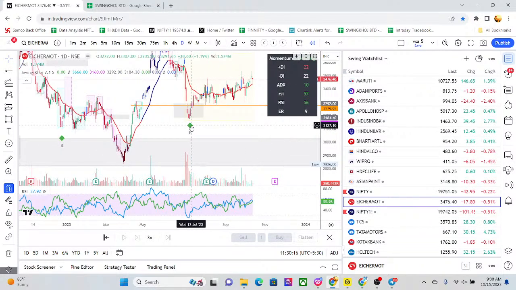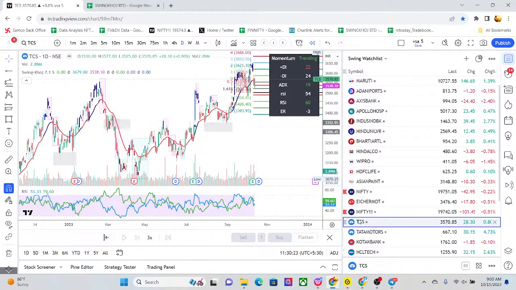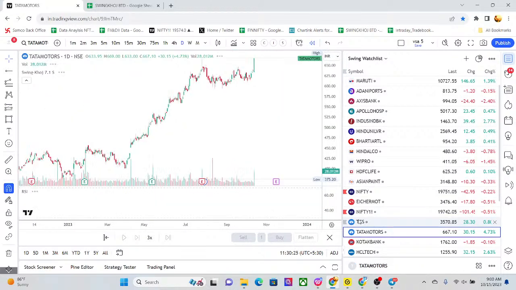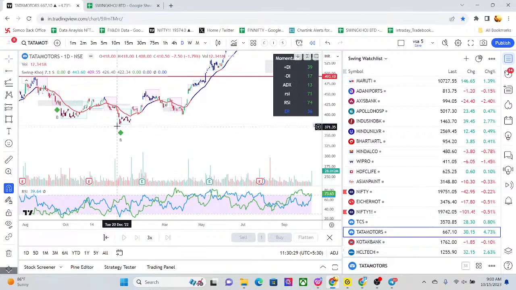You see, Eicher Motors here, here. See, Tata Motors gave us bottom here, 380 levels.